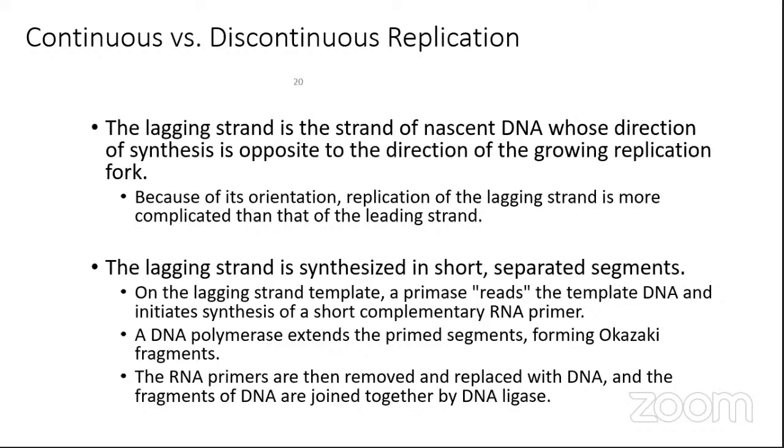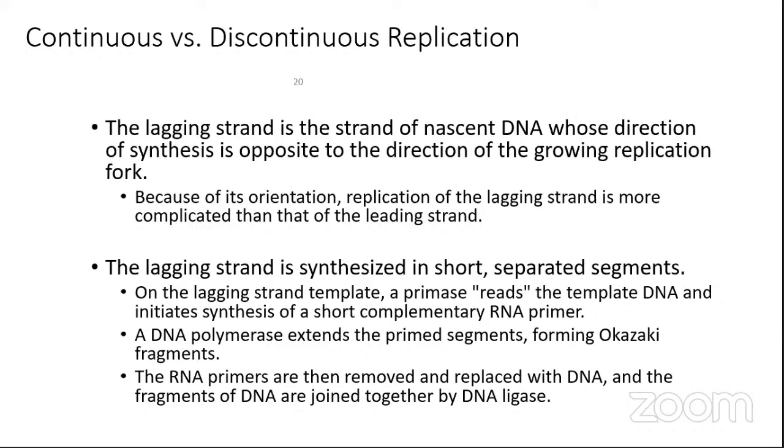That is because both the continuous replication and the discontinuous replication move in the direction of 5' to 3'. But as the strands are complementary in nature, the first strand will be from 5' to 3', and this lower strand will be from 3' to 5'. So the direction of replication will also be on the opposite side, but the 5' to 3' direction remains the same.